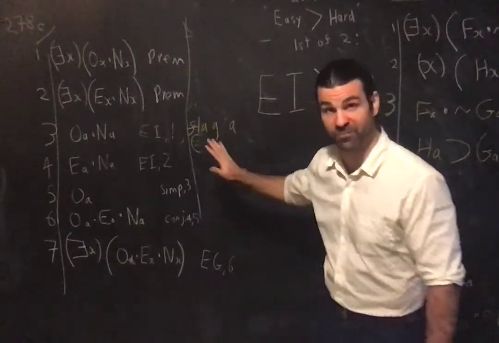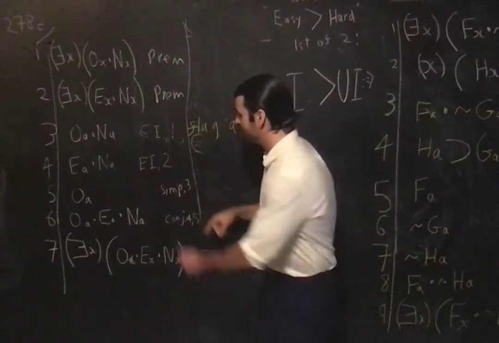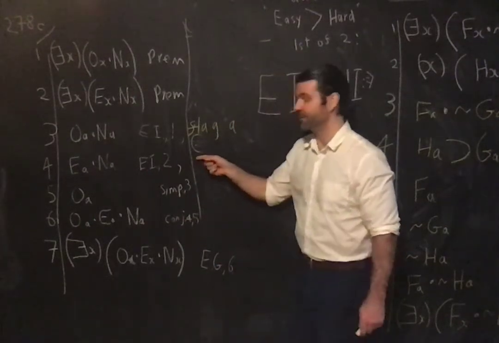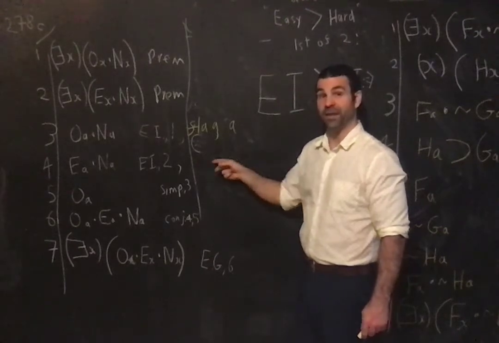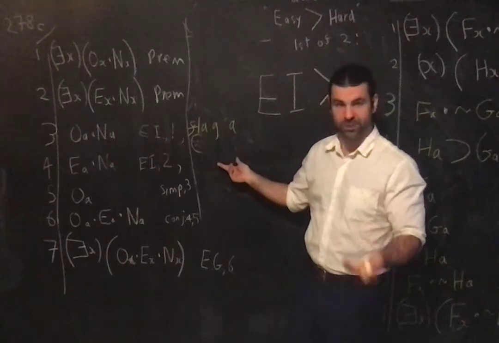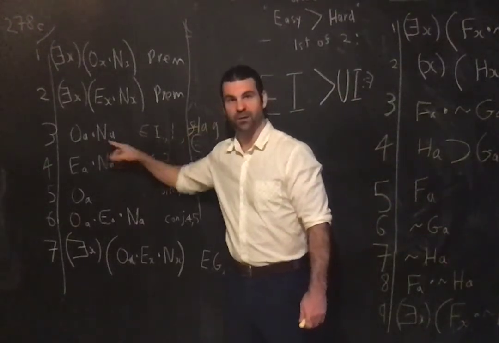And see that we have broken that rule here. I've written EI 2 to give the full justification. I would have to say flag A, and the flagged letter A would need to be new to the proof, which it's not, because it has appeared here.